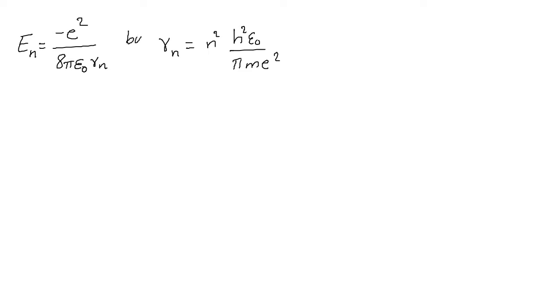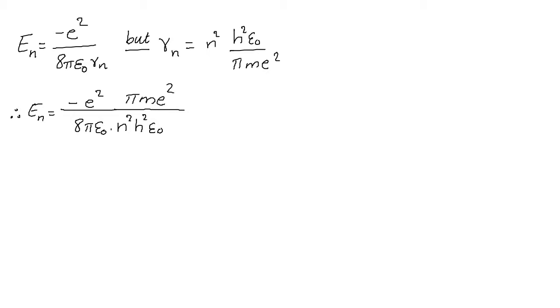so we have this expression, but Rn is this one, so therefore I can write En as En equal to negative e square divided by 8 pi epsilon 0. I'm going to substitute for Rn. Rn is n square h square epsilon 0, so everything divided by, so that goes to the numerator, pi m e square. Simplifying, you can cancel some common terms.